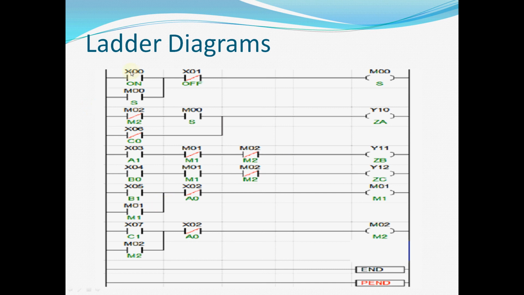Here you can see it represents a ladder diagram. This one is a contact, normally open contact, and here it is a normally closed contact. Here you can see it's an output coil which turns on or off depending on this condition.